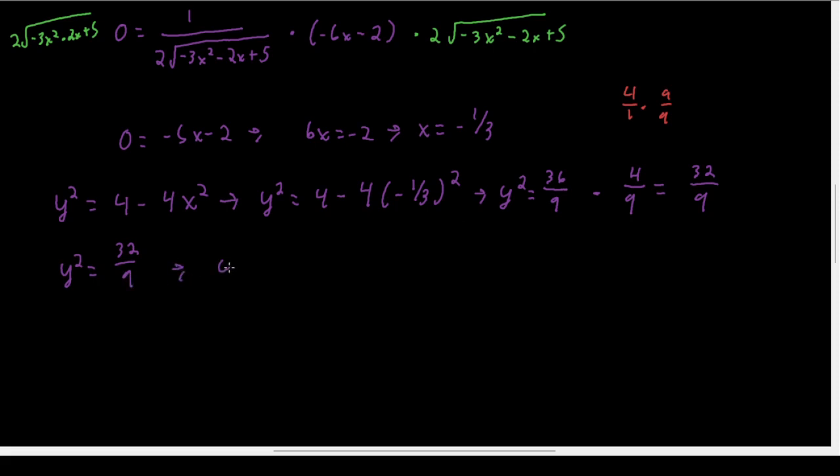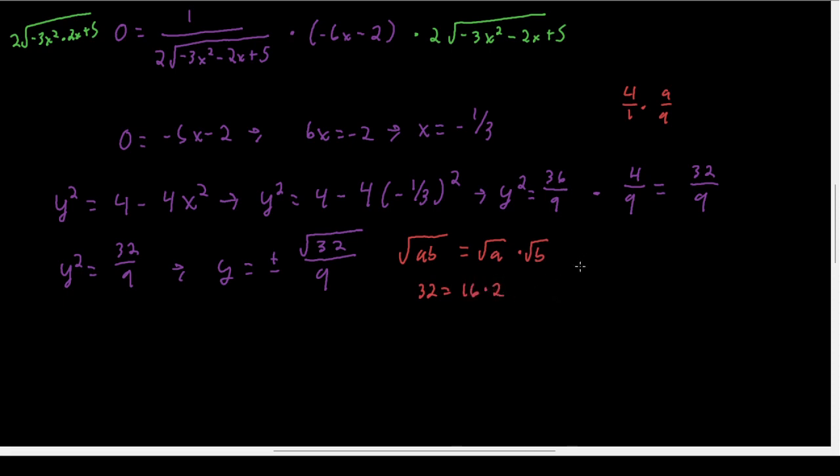So that means that y is equal to plus or minus the square root of 32 over 9. And we can do a little more simplification here. We know the property of algebra, which says that the square root of AB is equal to root A times root B. And we also know that 32 is equal to 16 times 2.